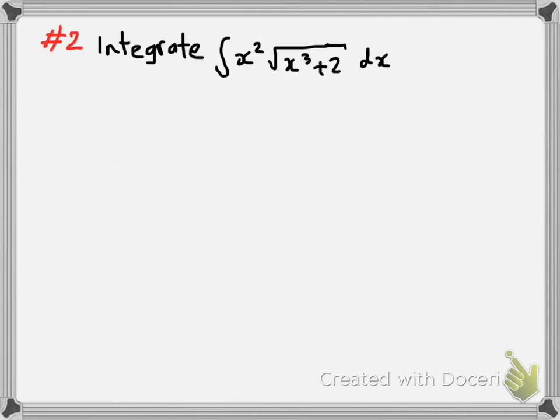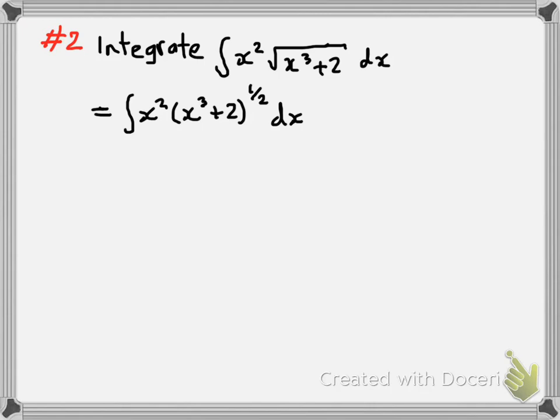Let's do another example. We want to integrate x squared times the square root of (x cubed plus 2) dx. Like we did in the previous example, if you're going to integrate, one of the things you may want to think about is what appropriate substitution you can make in here, right?